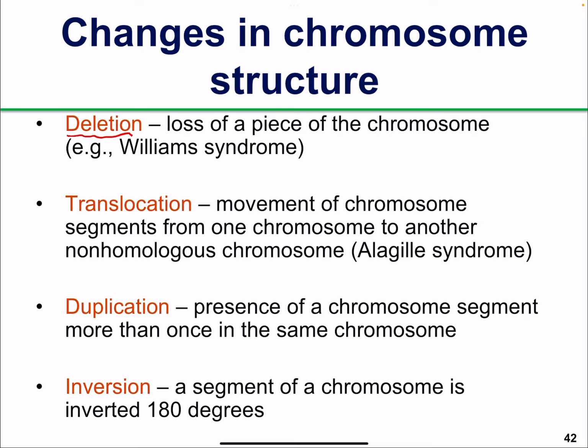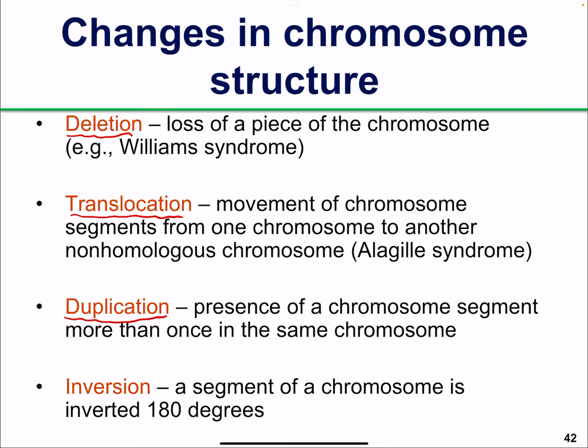Another kind of modification of the chromosome is translocation. Translocation is basically when on a chromosome there is a change of genetic information that swaps from one position to another position. I'm going to show you the outcome in a minute. Then we have a duplication.